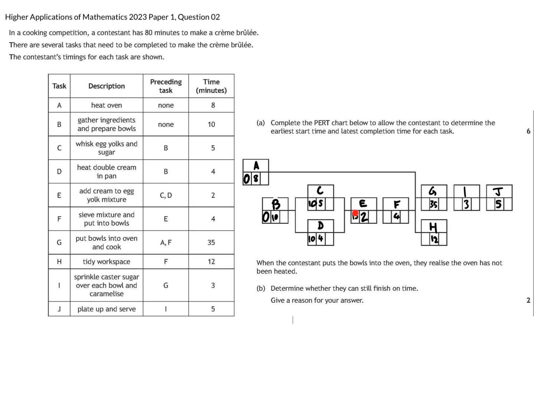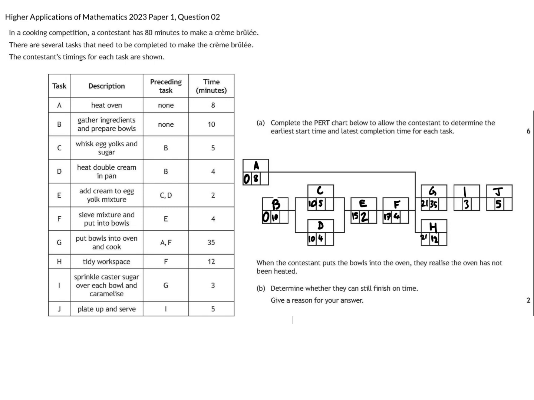If we put a 14 in here, that does not give us enough time to complete task C. So this allows us to progress forwards. 15 plus 2 will give us a 17 for a start time of task F. 17 plus 4 will give us a starting time of 21 for G and H.